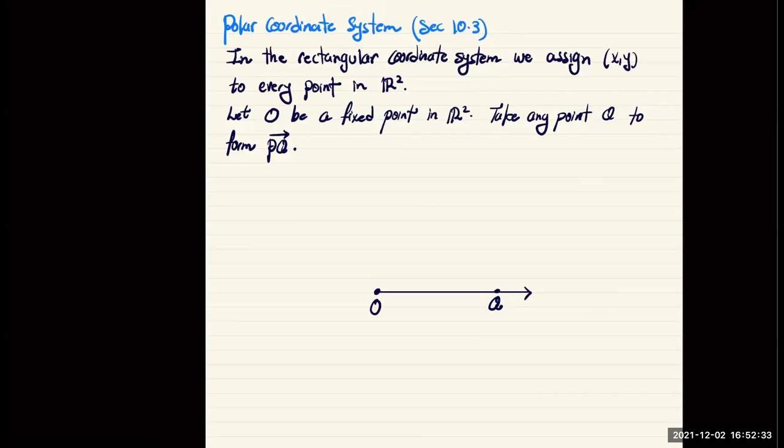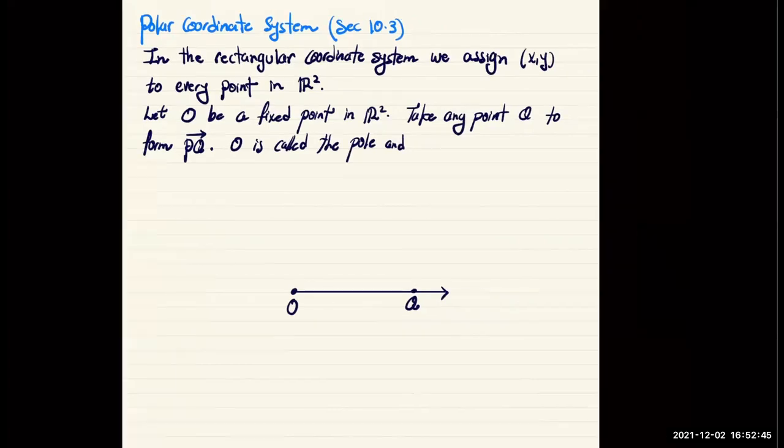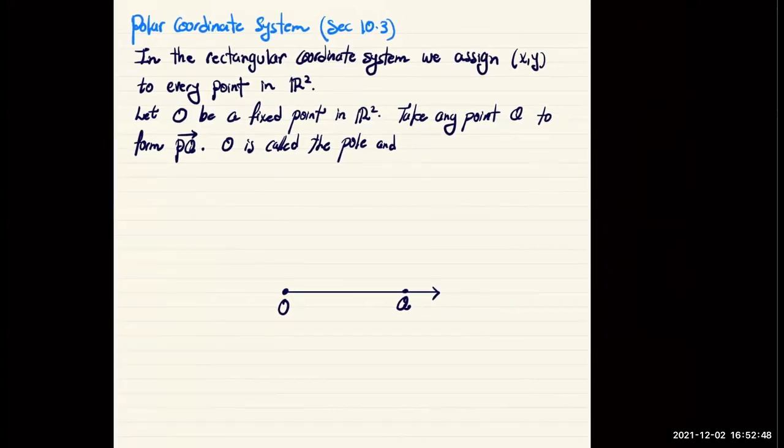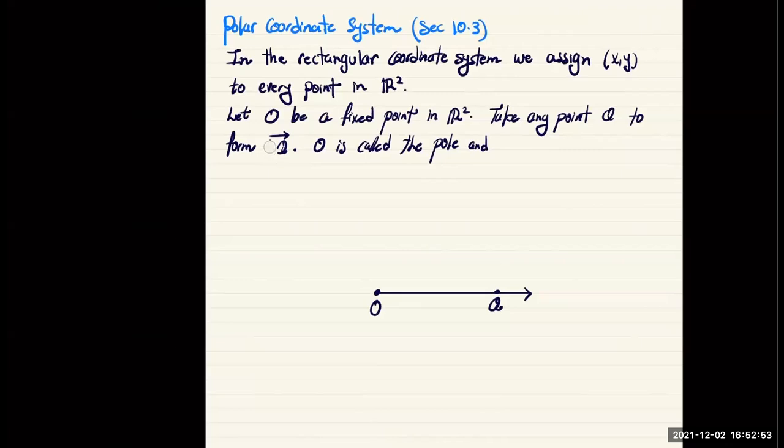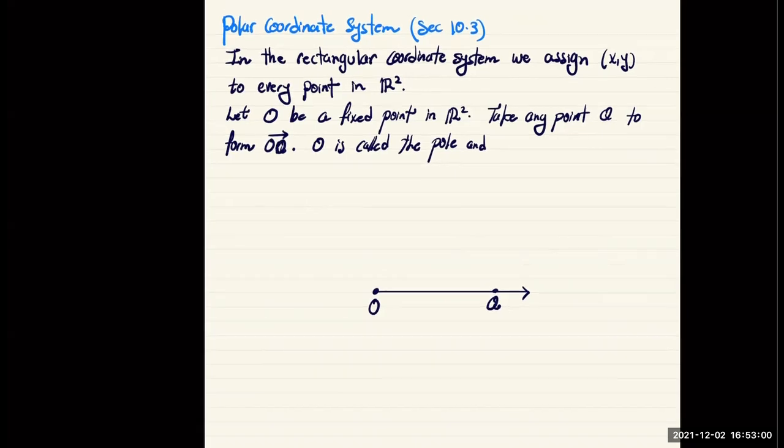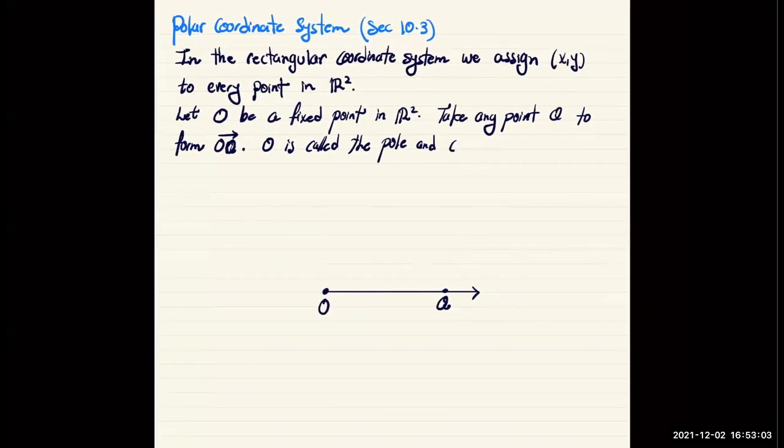Here we call this the pole. And the ray OQ, I'm sorry guys, I don't know why I said PQ, OQ is what I meant to say, the ray OQ is called the polar axis.